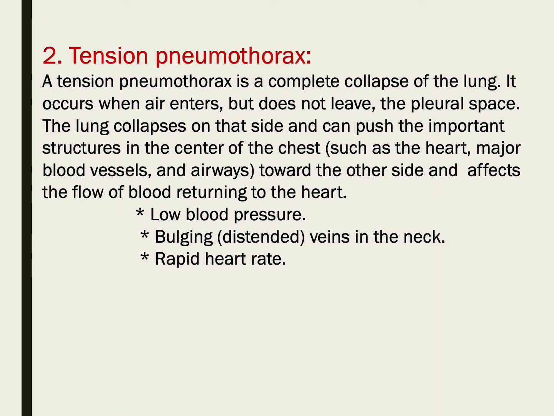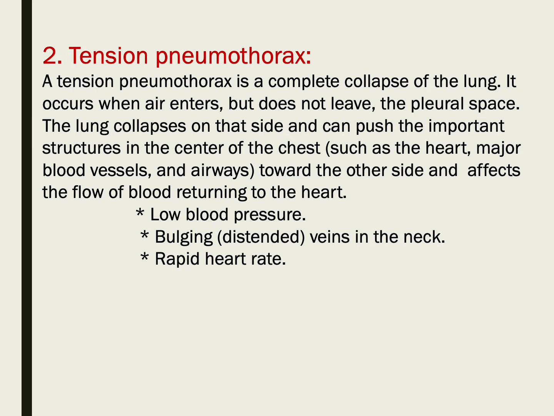The tension pneumothorax is, however, complete collapse of the lung with shifting of the mediastinum. So the patient will usually develop an obstructive shock, because when the mediastinum is shifted to the contralateral side, this will cause kinking of the great vessels.